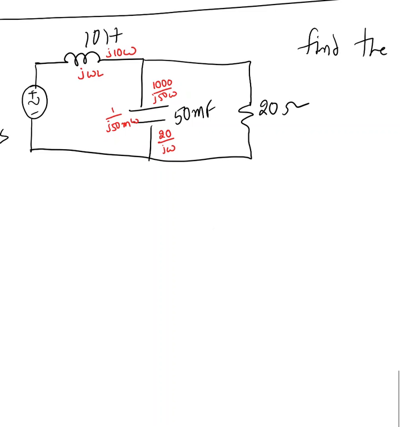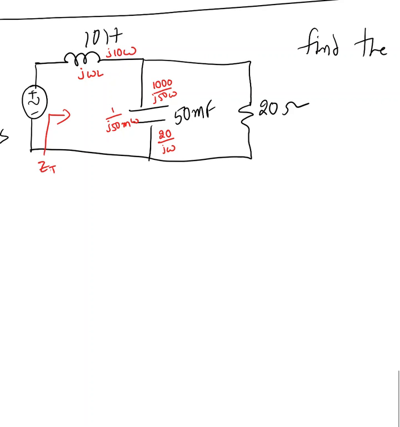Now to find the resonant frequency, what we need to do is find the total impedance from the source point of view. So looking at the circuit from the source point of view, find the Z total. Once you find the Z total, find out the imaginary quantity and make the imaginary quantity equal to 0.